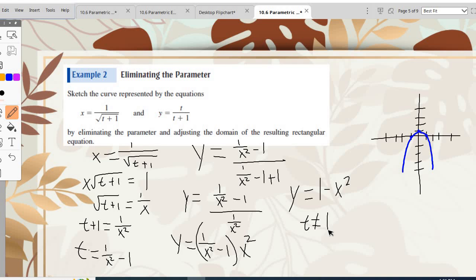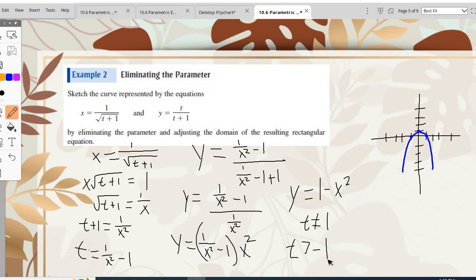Yeah. So what's going to make that negative? Will 0 make it negative? Will -1 make it negative? No. Will -2 make it negative? Yeah. So what makes it negative? Anything less than negative 1.